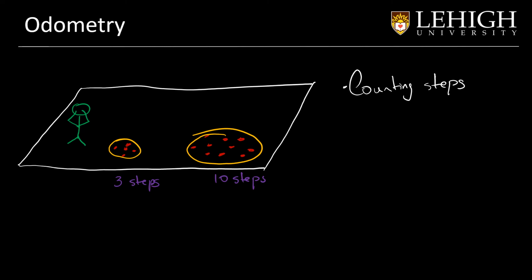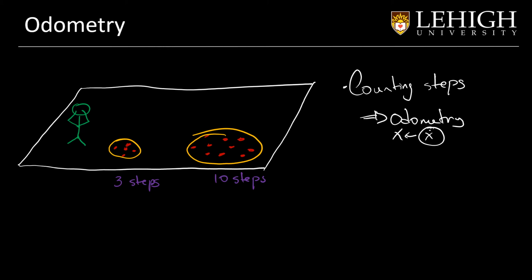In robots, we can use something similar using odometry. Using odometry, if this is the state of the robot, with the x and y coordinates, and we know the speed of the robot, we can integrate the speed to obtain the new location of the robot.